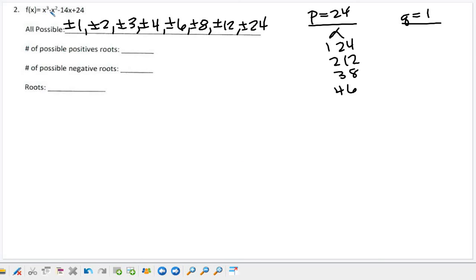So positive to negative is 1, negative, negative, negative, positive, so 2 or 0. So remember, to do the negatives, we plug in a negative, simplify, and count those sign changes. So remember, odd changes, even stays the same. So that positive x to the third goes to a negative x to the third. The negative x squared stays the same. Negative 14 flips to a positive, and the constant stays the same. So we have 1 sign change.